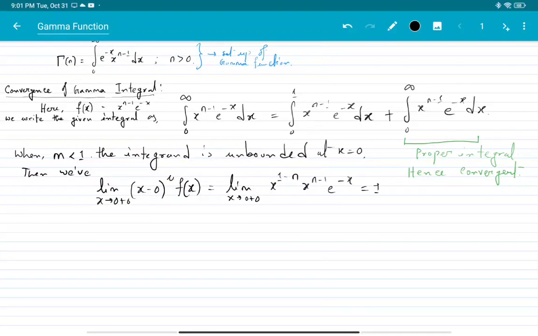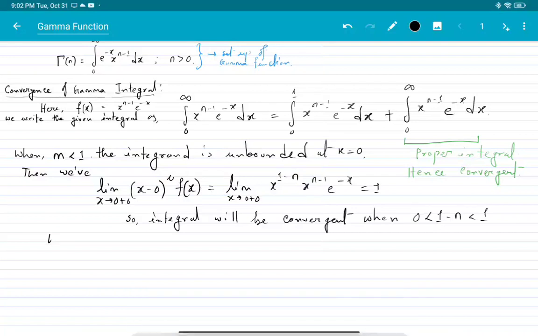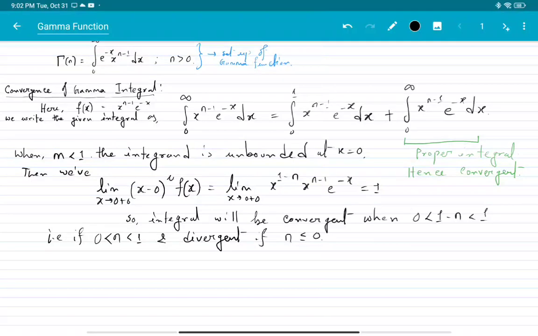So the integral will be convergent when this 1 minus n is between 0 and 1, that is, if n is positive and also less than 1, and divergent if n is less than or equal to 0.